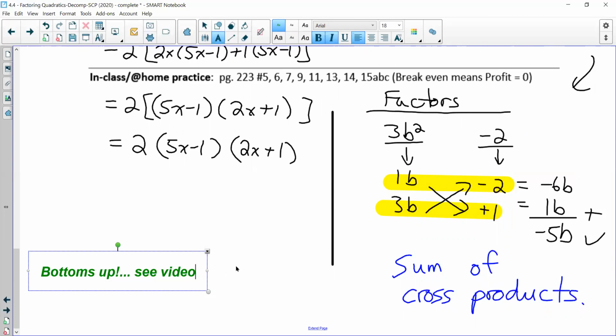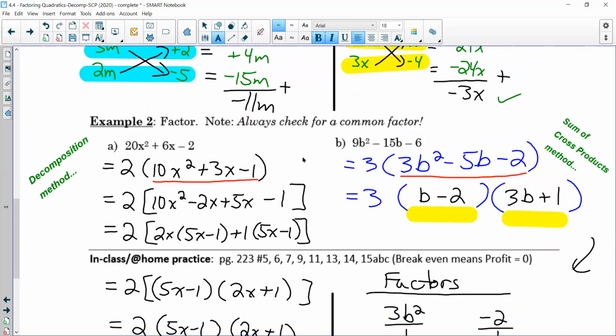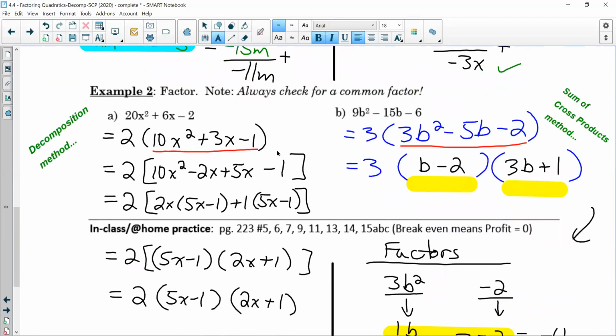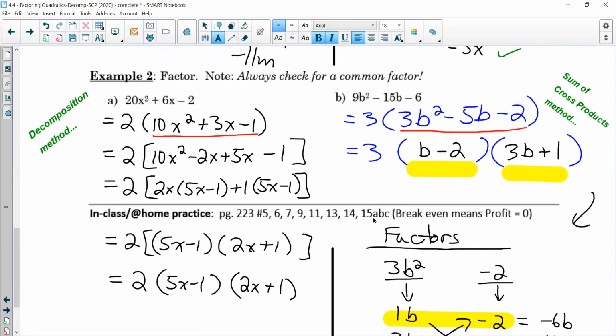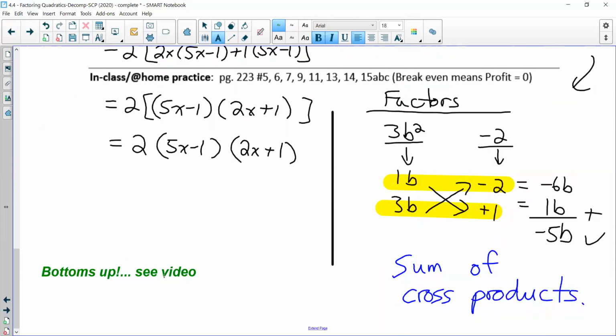Just make sure you always take out a common factor, like you had to do with these last two examples, if possible before doing any of the techniques. So whether you're doing decomposition, sum of cross products, or if you happen to like the bottoms up, you can take a look at the associated video.